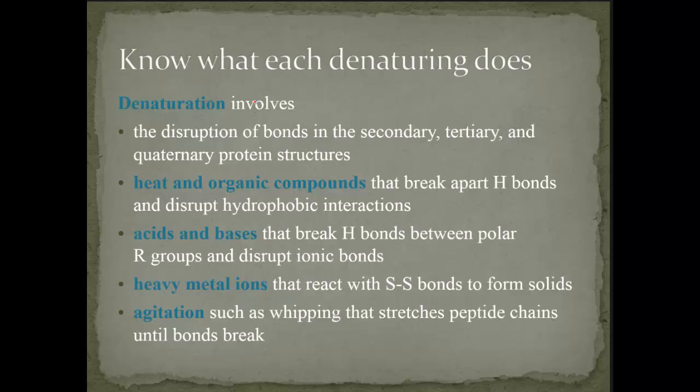So denaturing. Denaturation involves the disruption of bonds in the secondary, tertiary, and quaternary protein structures. They heat inorganic compounds, but if you heat it up, they break apart the hydrogen bondings and disrupt the hydrophobic interactions. If it's acidic or basic, they break the hydrogen bonds between the polar R groups and disrupt the ionic bonds.